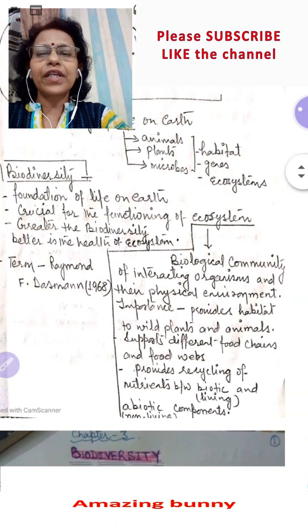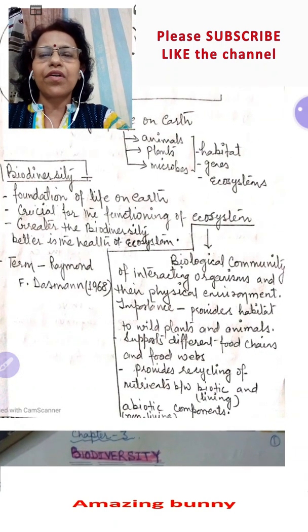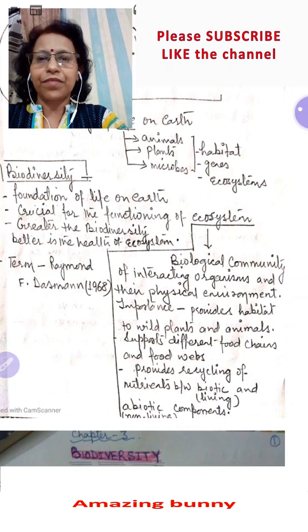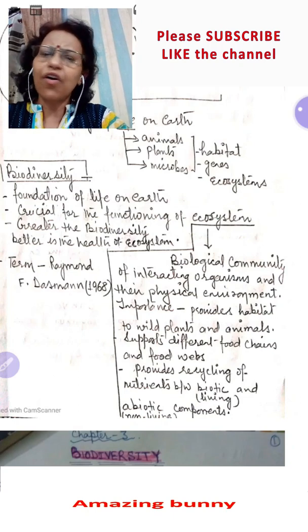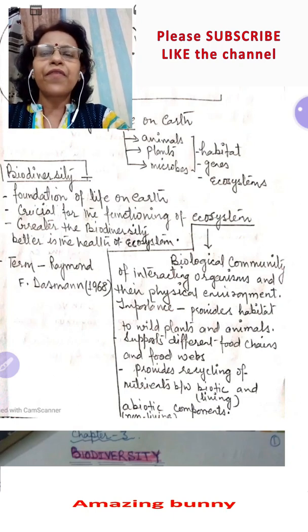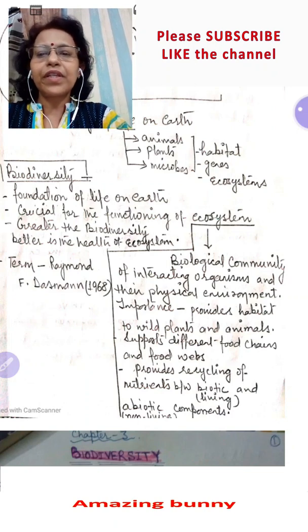Ecosystem, basically, is the biological community of interacting organisms. Here the interacting organisms are fauna, flora, microbes, all living organisms, with their physical environment. Physical environment means non-living things. So the importance of ecosystem is that it provides habitat to wild plants and animals.